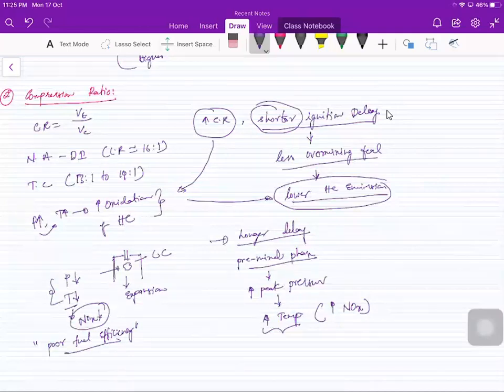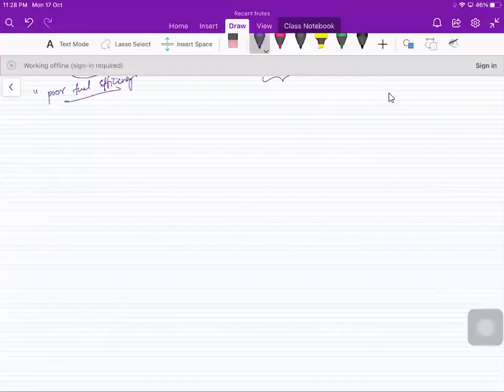So this is how the compression ratio has an effect on the hydrocarbons and NOx emissions. Okay.